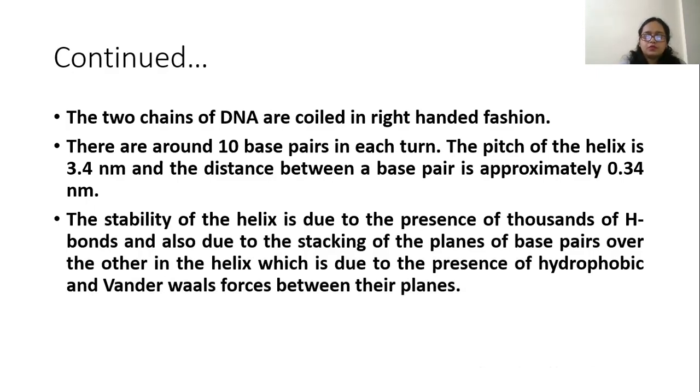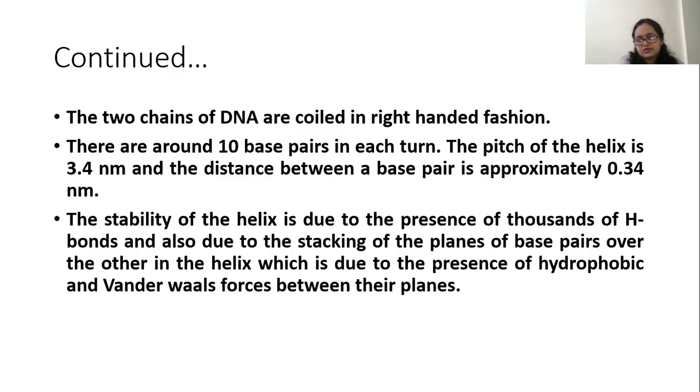Now, here we come to the point of stability. How is the DNA helix stable inside a nucleus? The stability of the helix is due to the presence of thousands of hydrogen bonds between those bases, as well as between the phosphate groups and other water molecules present. So that will maintain the stability of the helix, but this is one factor.